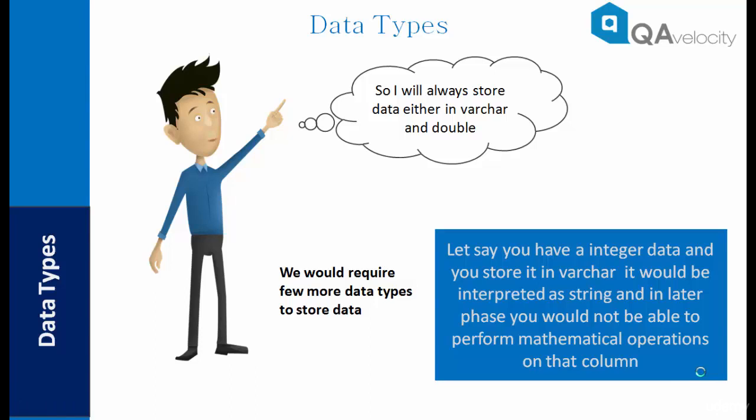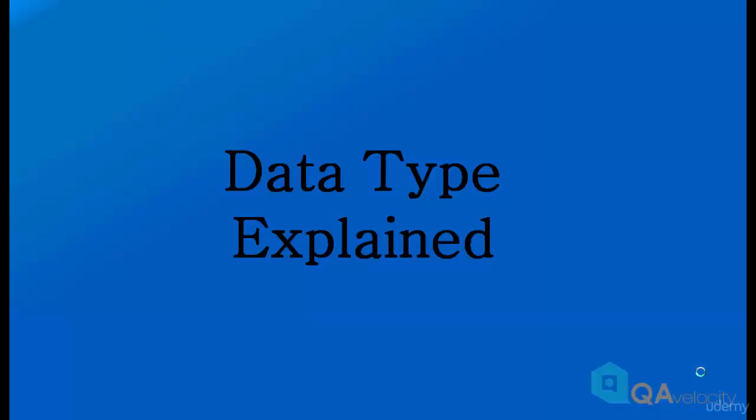But if we use only two data types, it would be a big challenge for us in a later phase of implementation. Let's say you have an integer and you stored the same data in a varchar data type. Then it would be interpreted as a string. And in future, if you would like to perform some mathematical operation on that column, it would not be possible.